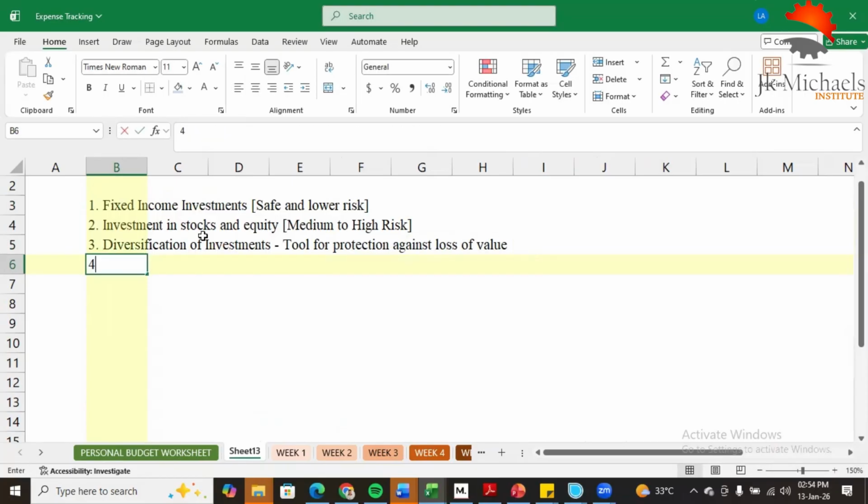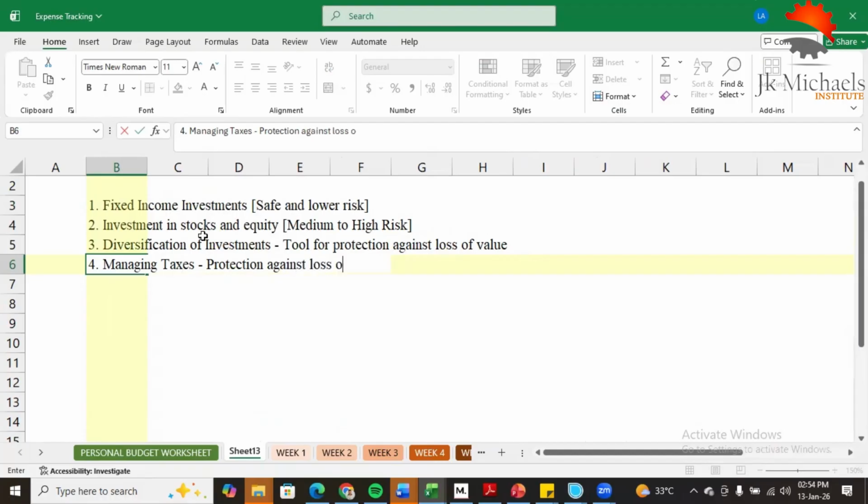And then finally, we're going to talk about managing taxes, which is also protection against loss of portfolio value. And this brings us to the end of this class.